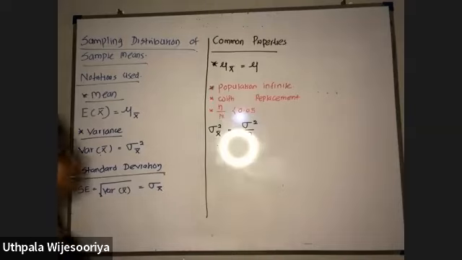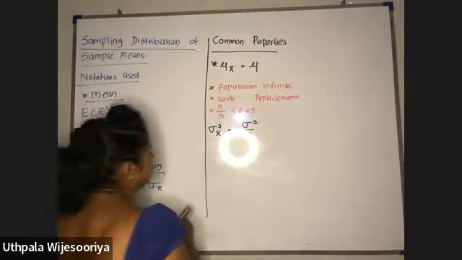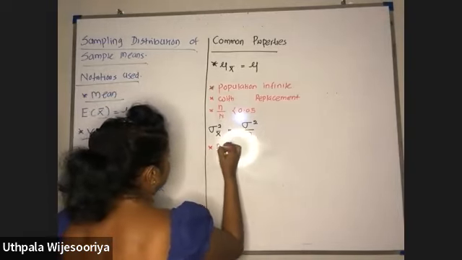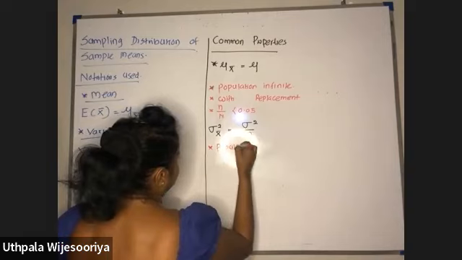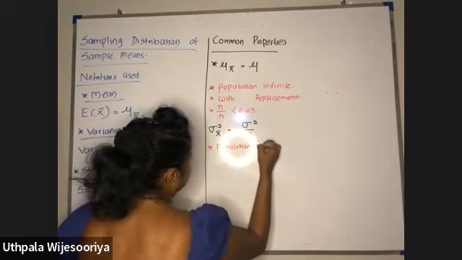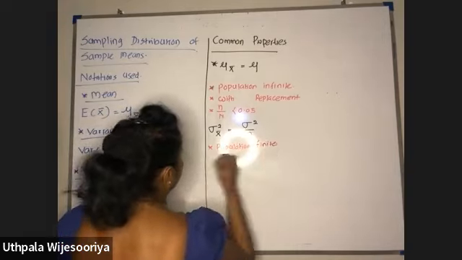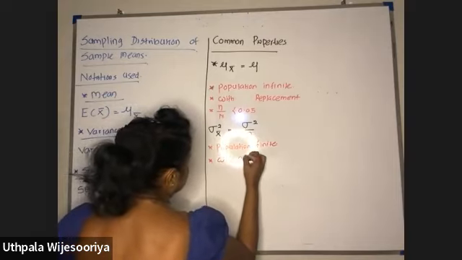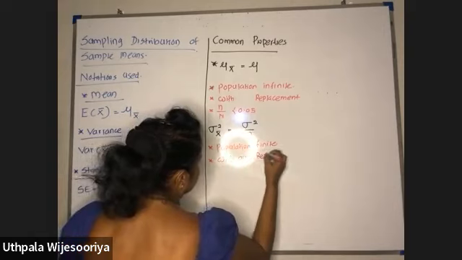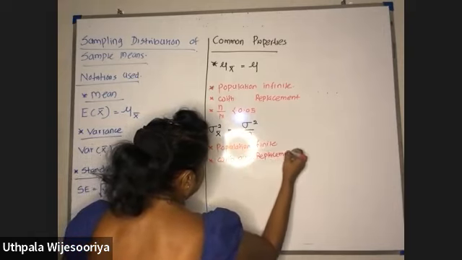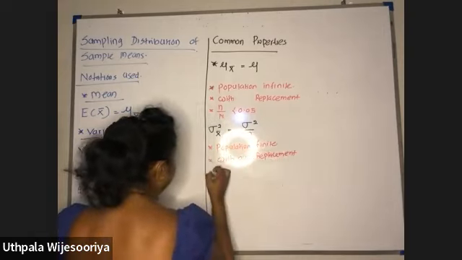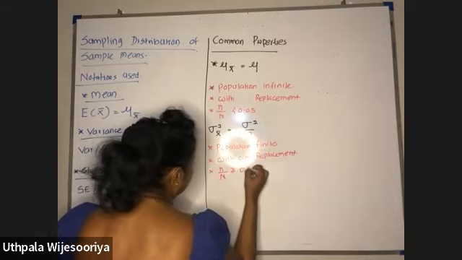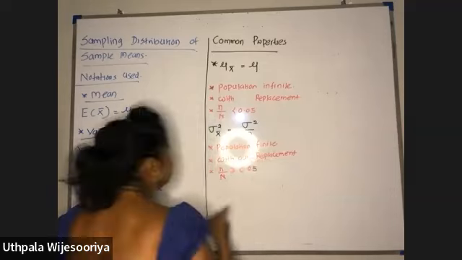Otherwise, we make a correction factor. That is, when the population is finite, or sampling without replacement, or the fraction small n over capital N is greater than or equal to 0.05.